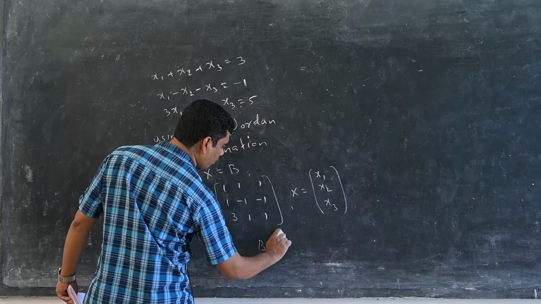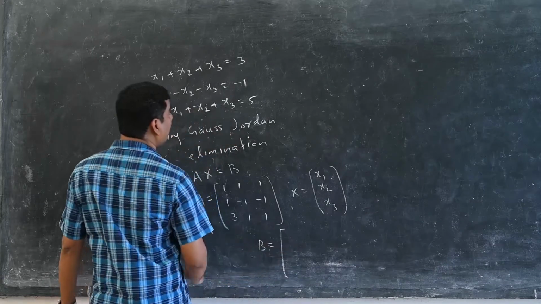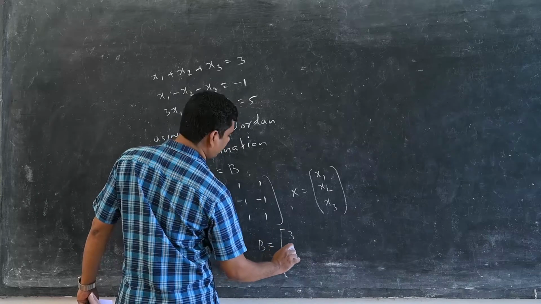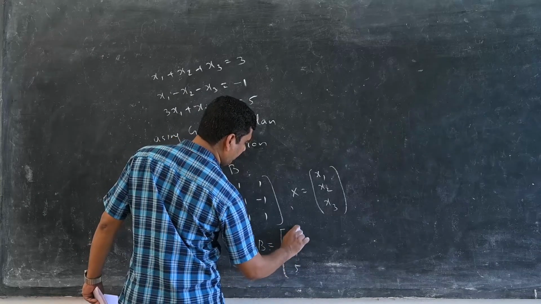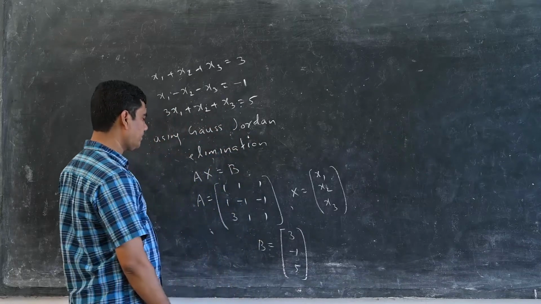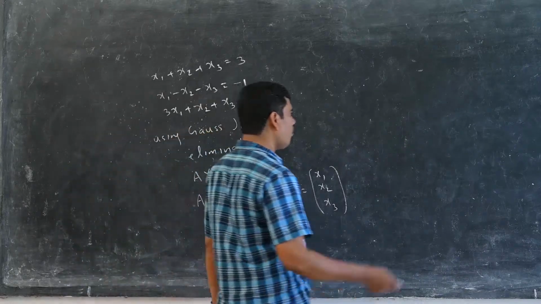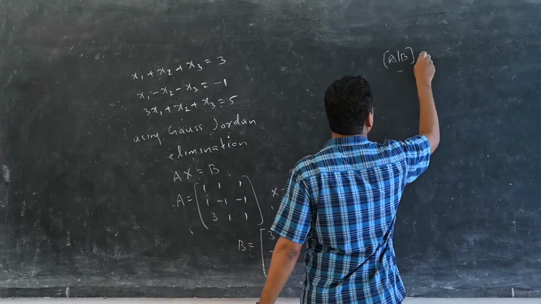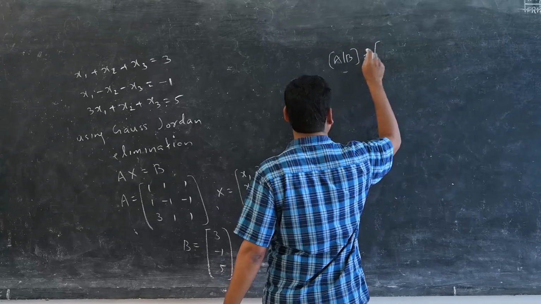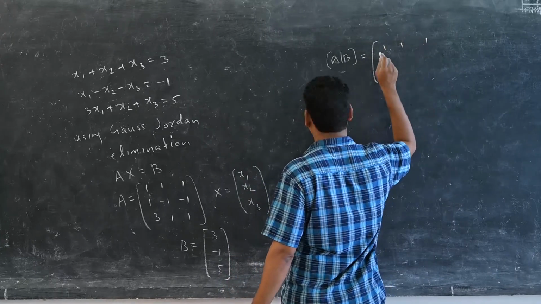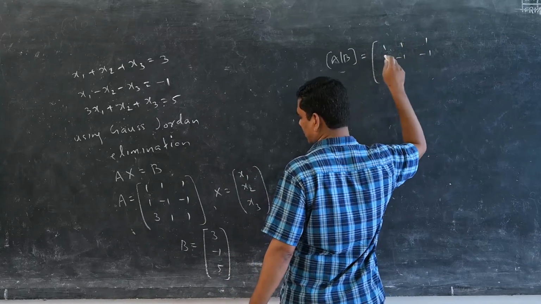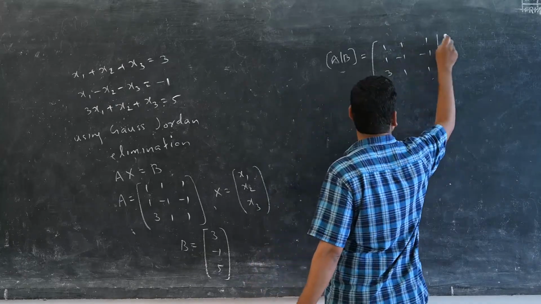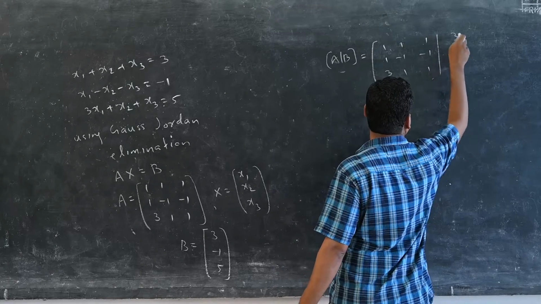B is the constant column matrix 3, minus 1, 5. Now the augmented matrix AB is equal to 1 1 1 3; 1 minus 1 minus 1 minus 1; 3 1 1 5.